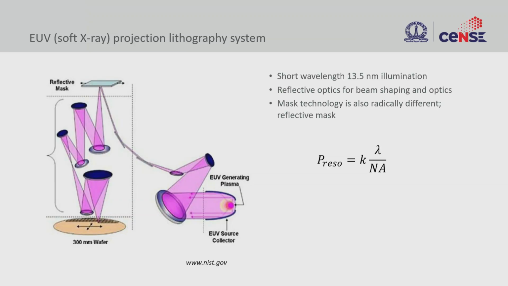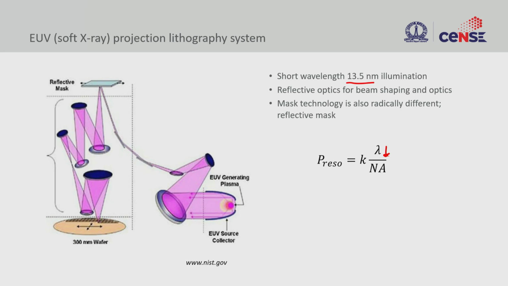So the continuation to optical lithography in terms of resolution is extreme UV lithography. This extreme UV lithography is being considered as the next step towards addressing the resolution needs by reducing the wavelength. Here we are looking at a 13.5 nanometer illumination wavelength.